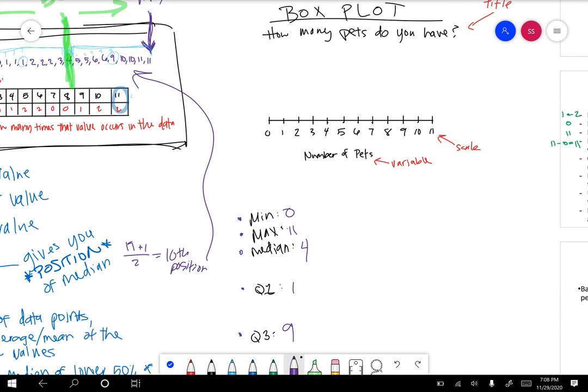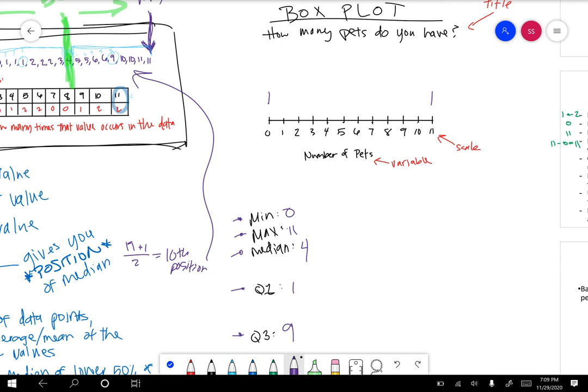Essentially, you're going to put a line above your number line for each of these values. So we're going to have a line for 0, which is our minimum, a line for 11, which is our maximum.